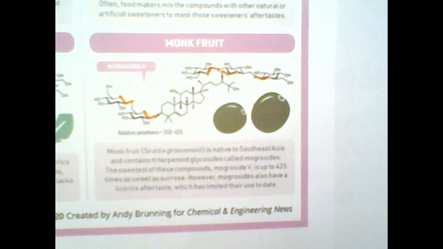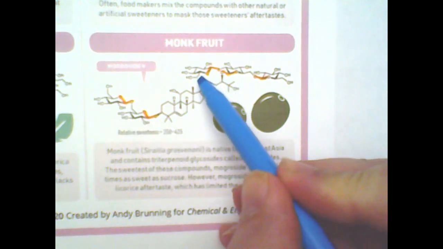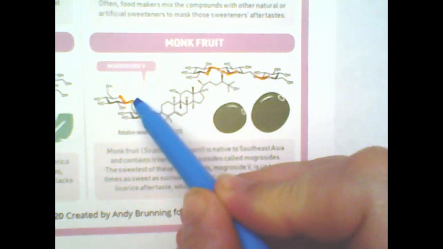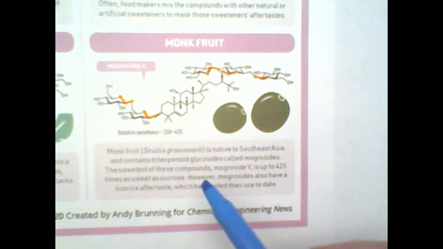You've got them in each of these molecules. And then there are all these other OH groups coming off. So these are sugars. There are 5 sugar molecules, 5 sugar monomers in this bigger, very sweet molecule.